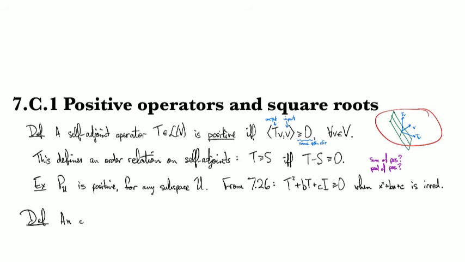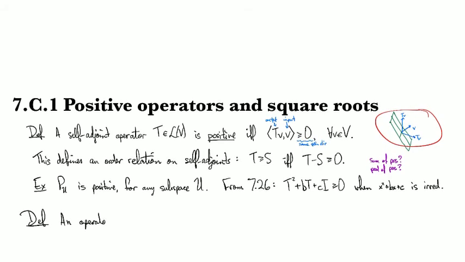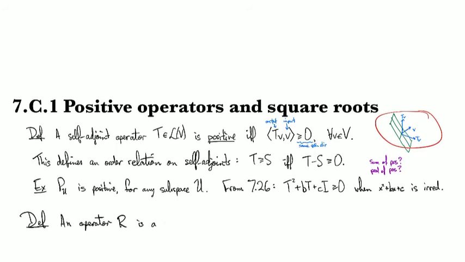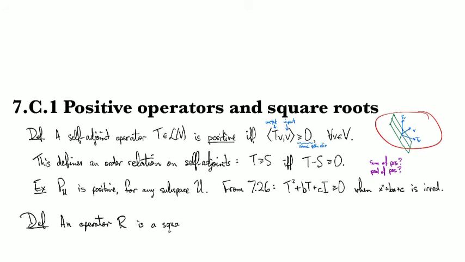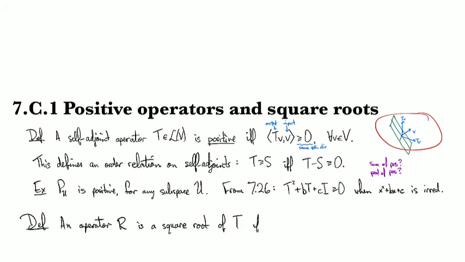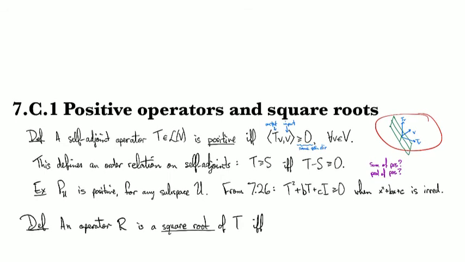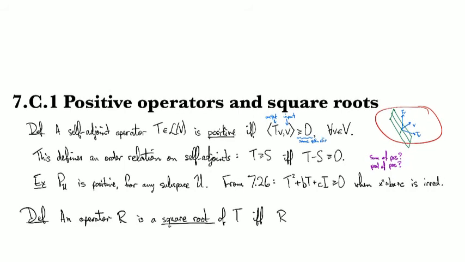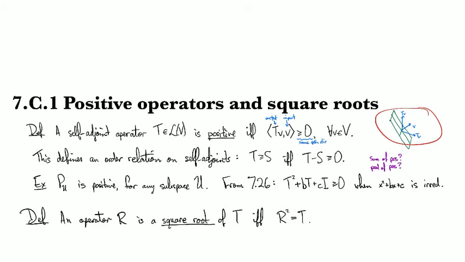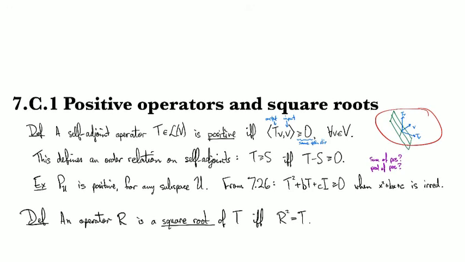So that is a positive operator, and now for the idea of square root. We say an operator, and we'll use R, is a square root of T if and only if when you square it you get T. Squaring here is of course composition, so it means applying it twice.